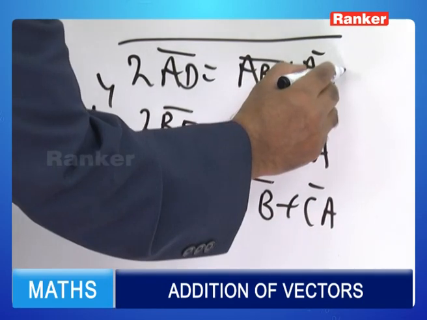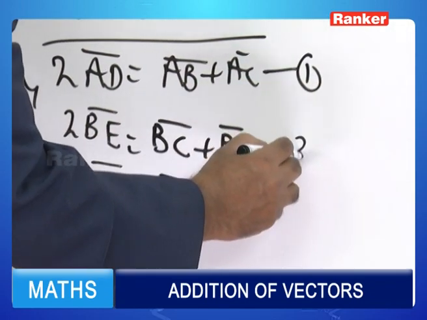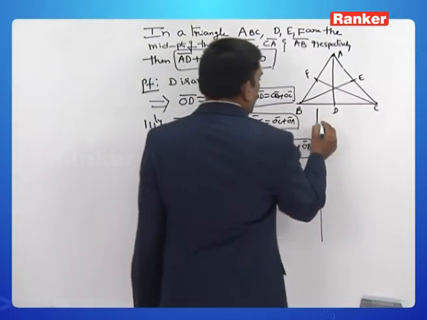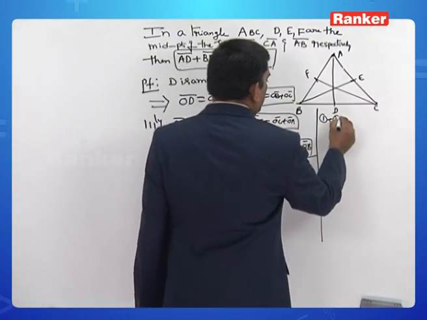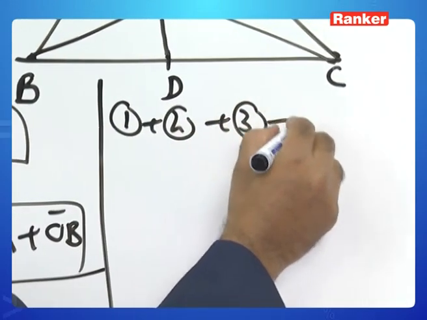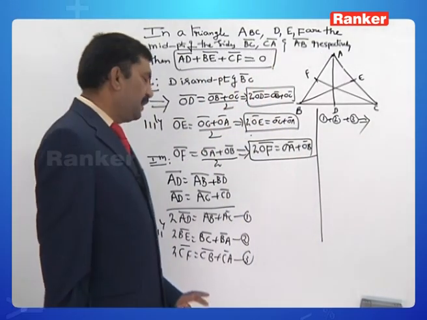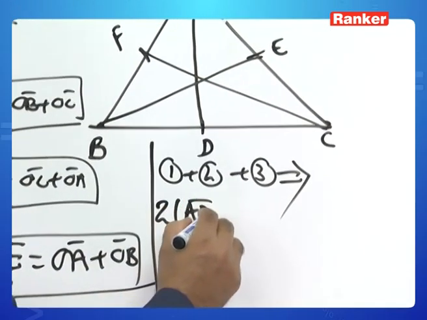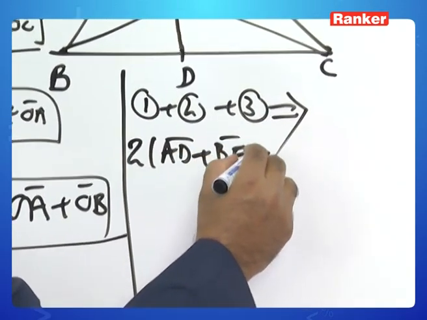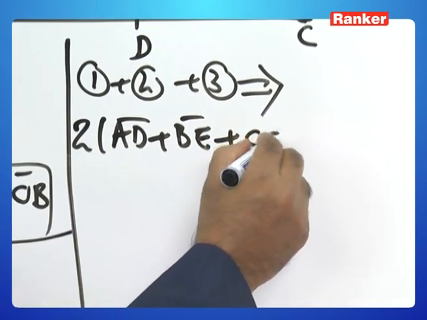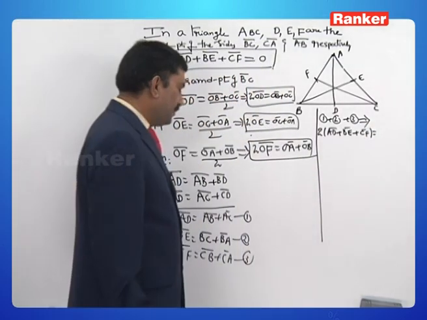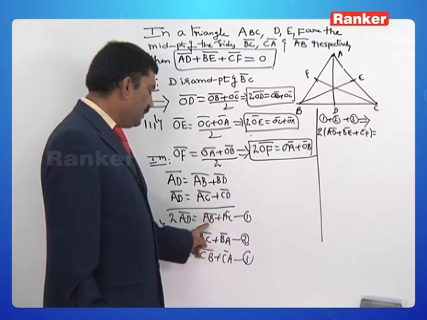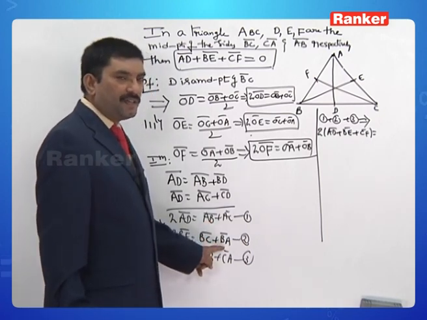Now you call this 1, you call this 2, you call this 3. Add up 1 plus 2 plus 3. So therefore, I can write 2 into AD bar plus BE bar plus CF bar is equal to, you can very well observe, here AB bar is there, and here BA bar, change the direction.